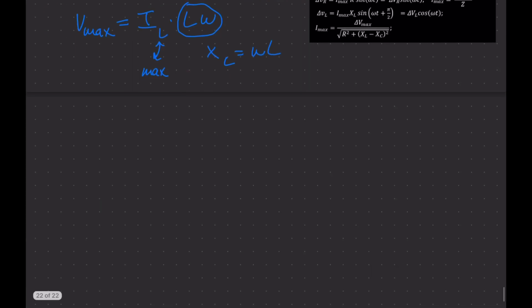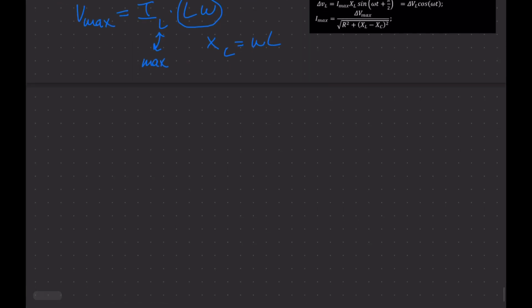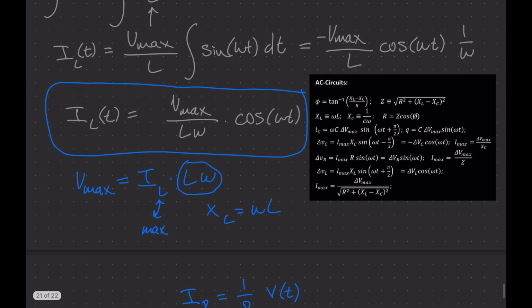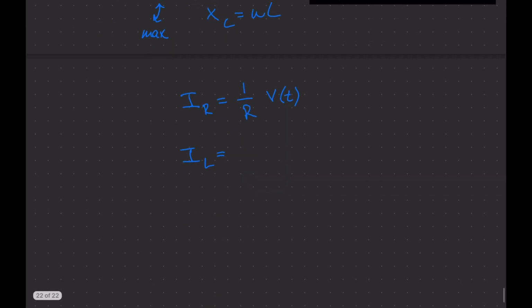The reason this is happening is because the current inside a resistor is proportional to the voltage. So we have 1 over R, V equals IR, and then we have V as a function of time here. Let me bring up the actual equation, because this one for the resistor is straight up Ohm's law.